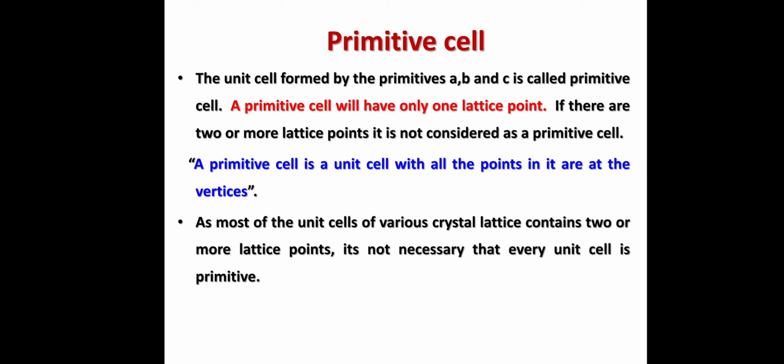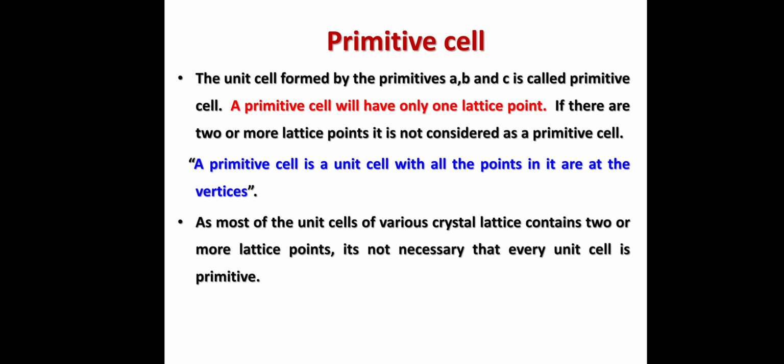Understand? So a unit cell having only one lattice point is called a primitive cell. If there are 2 or more lattice points, it is not considered a primitive cell, it is called a non-primitive cell. So you can define a primitive cell in another manner.